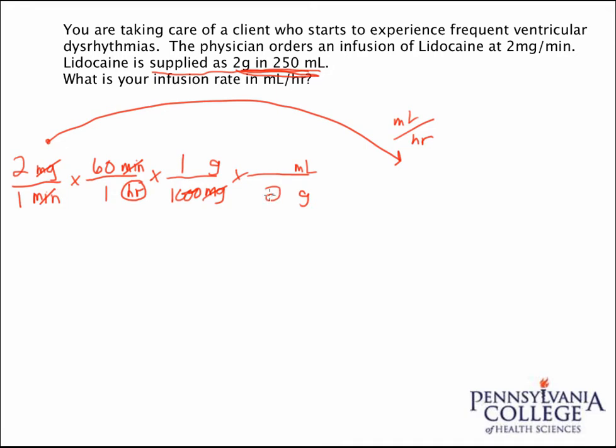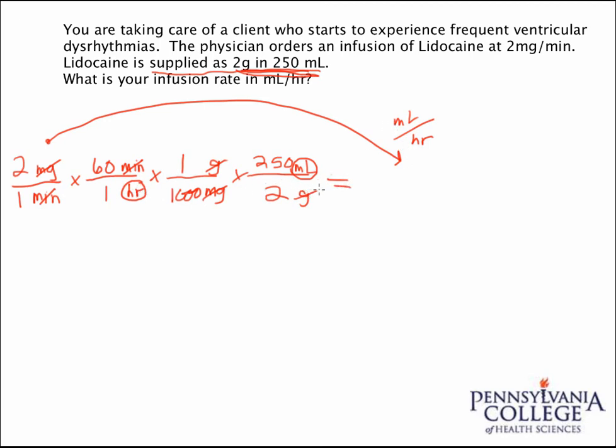The conversion factor here is 2 grams, which is equivalent to 250 milliliters of this solution. If I were to stop after this step, grams would cancel, and I have milliliters in the numerator and hours in the denominator. That's exactly what I want.